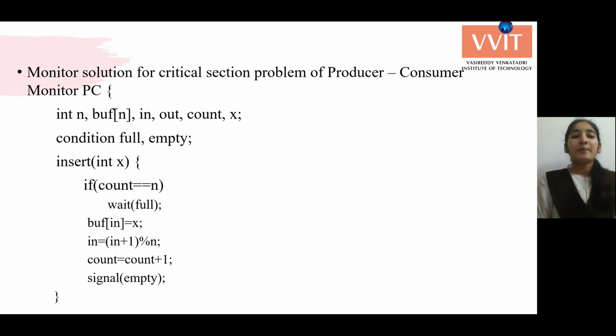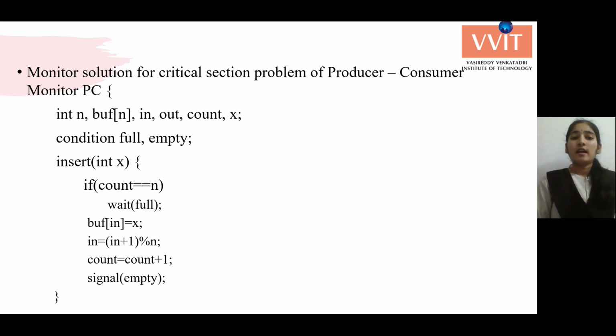The first procedure is insert. This is the procedure related to the producer, which always produces items, meaning it has to put some values. So we have given some parameter list. If count equal to n, meaning whenever the buffer is full, it has to wait.